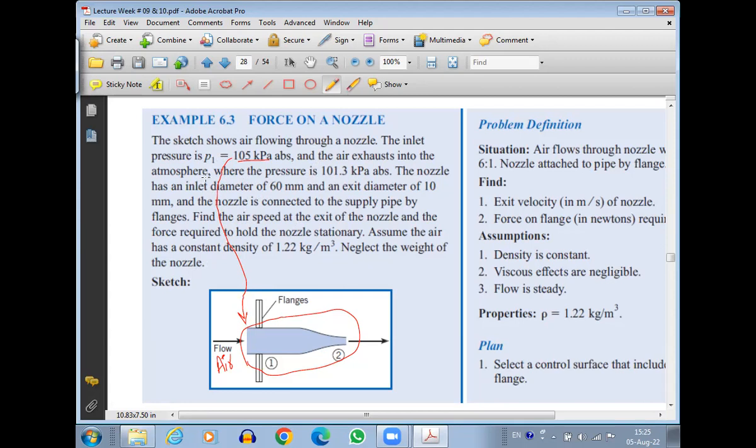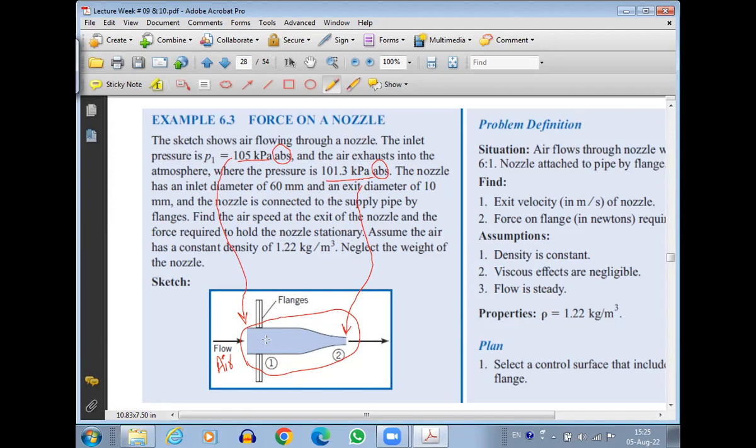Here the pressure P1 given is absolute, and P2, going into the atmosphere, is also given in absolute terms, which is 101.3 kilopascal. That is at point 2. Anyway, whenever we solve the problem, we will be using the gauge pressures, not the absolute pressure.